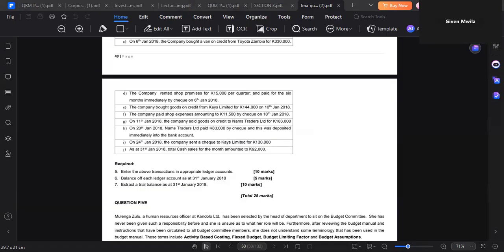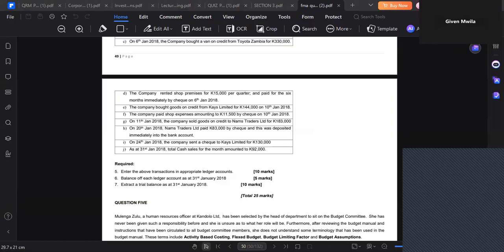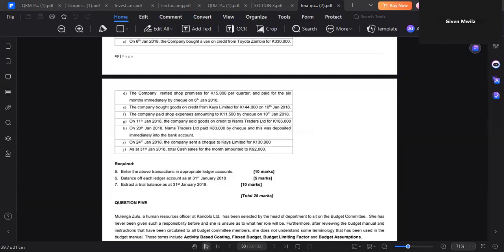So D says the company rented shop premises for 15,000 per quarter and paid for the 6 months immediately by check.